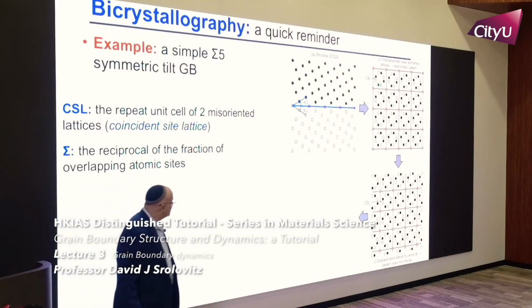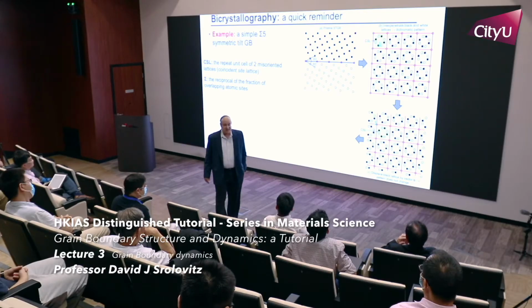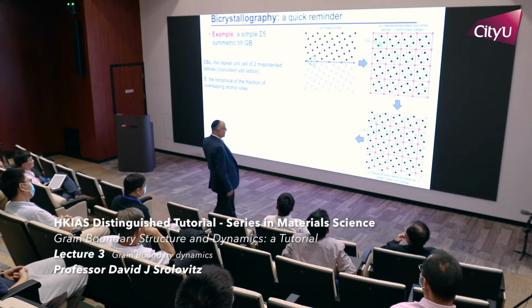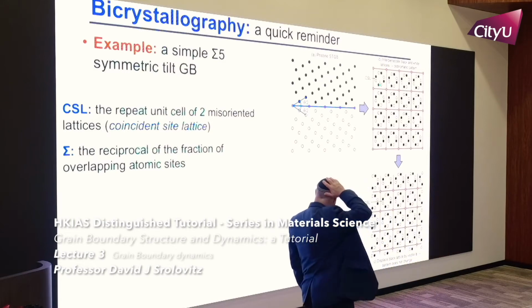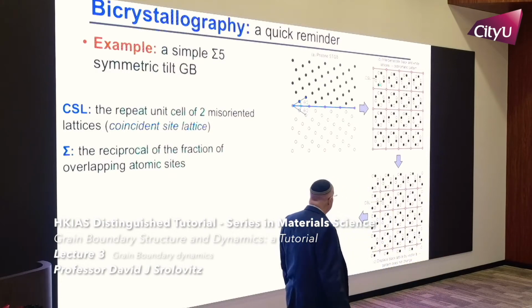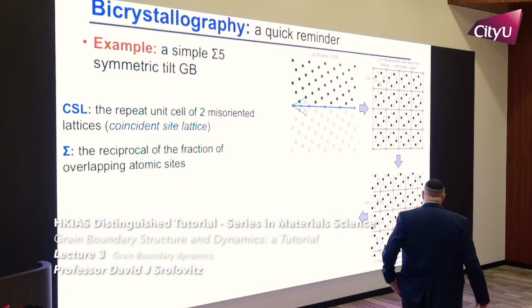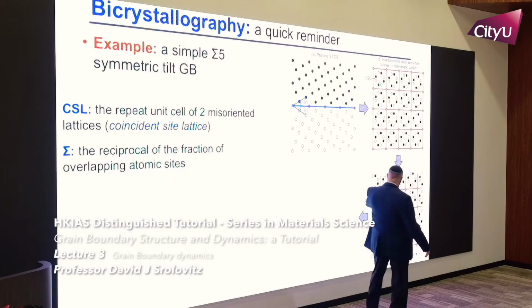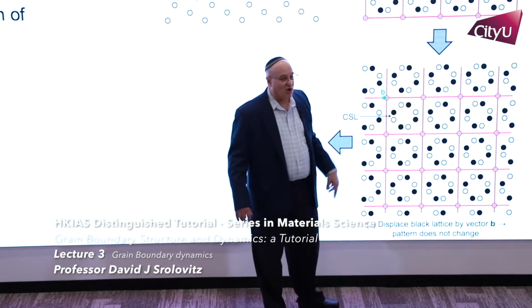And what you see here is if you take the black lattice and translate it to the right by that Burgers vector b, the same lattice is reproduced, but it's translated by some amount. So a very small displacement of magnitude b can give you a large change in the origin of the coincident site lattice.